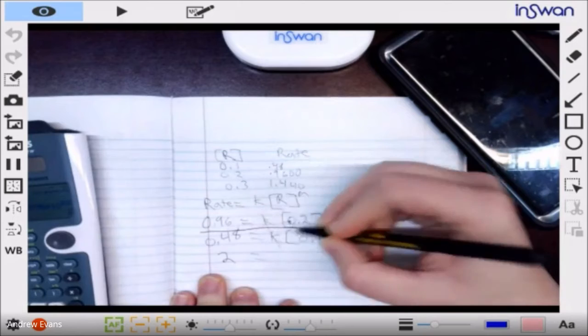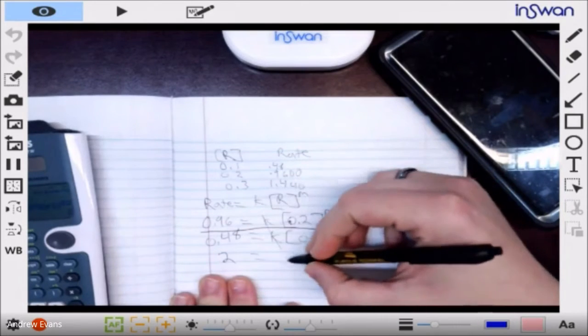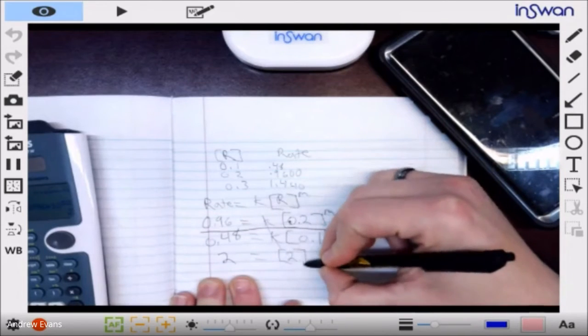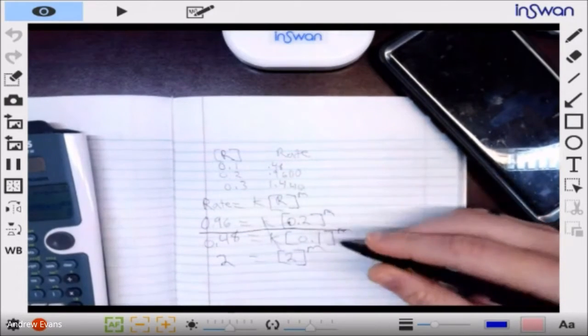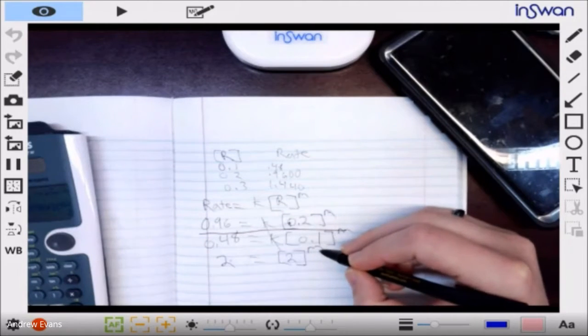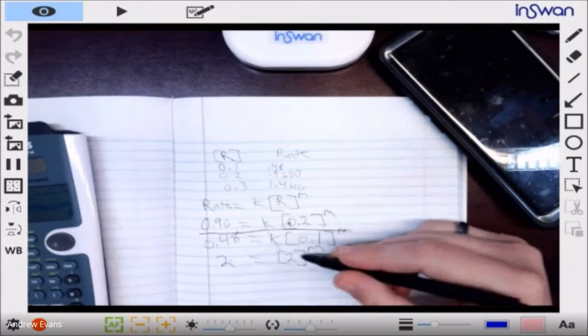K over K cancels out. 0.2 to the M over 0.1 to the M is going to be the same as 2 to the M. Because this is 2 equals 2 to the M, M has to be 1. That's the only way that 2 equals 2.